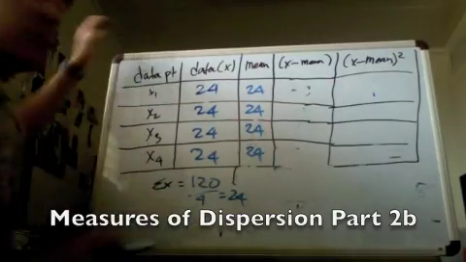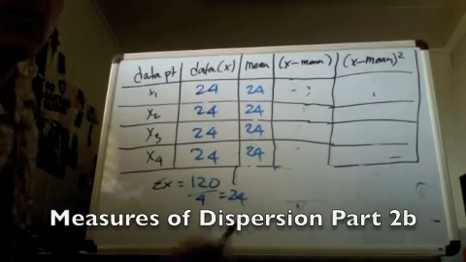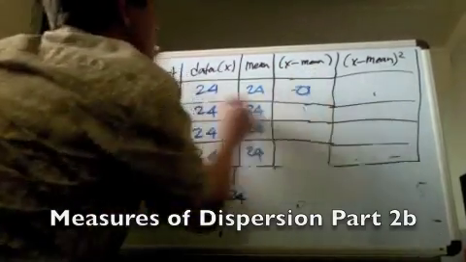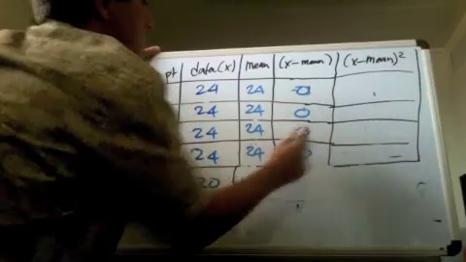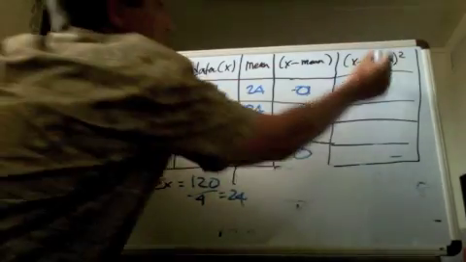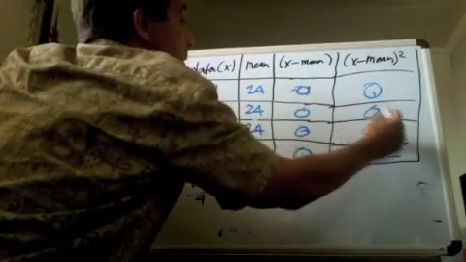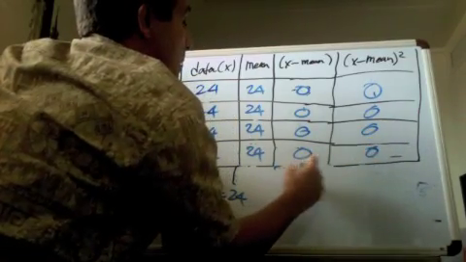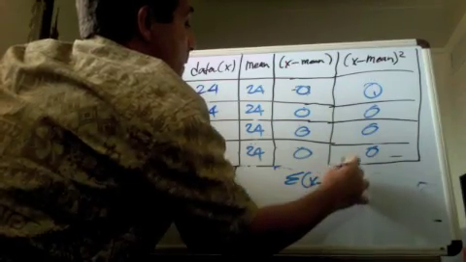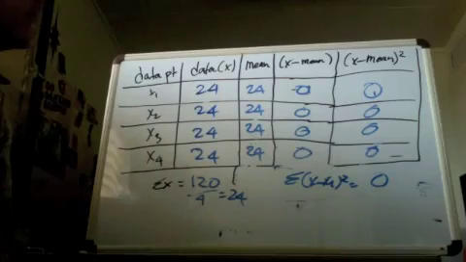I want to show you what happens when they don't deviate from the mean at all. 24 minus 24 is 0, 0, 0, 0. You add that all up, it equals 0. That's why we square it. But if you square 0, 0, 0, 0, it's 0.